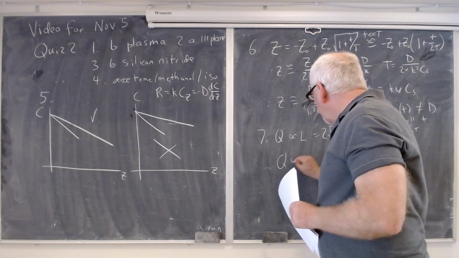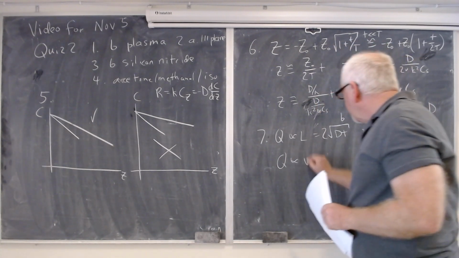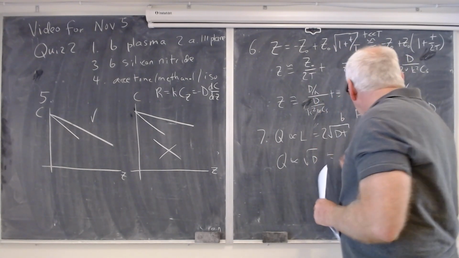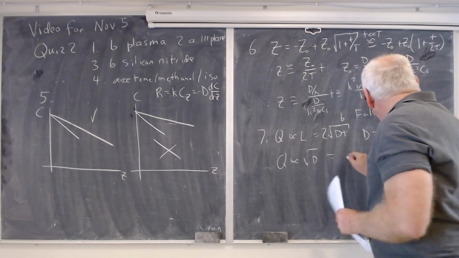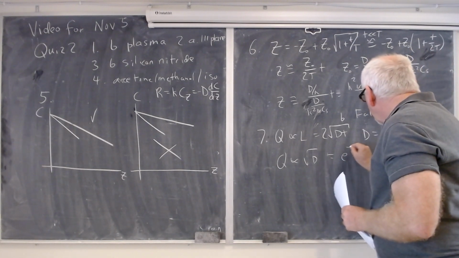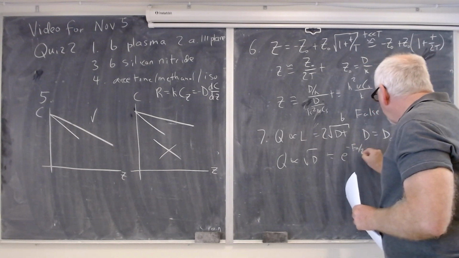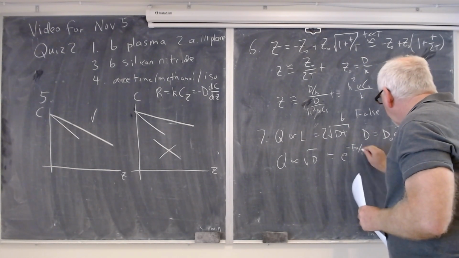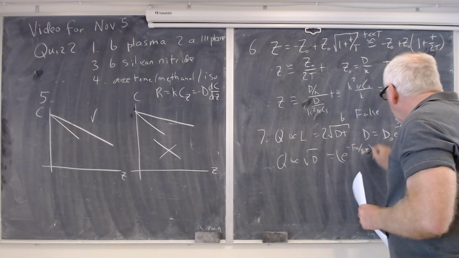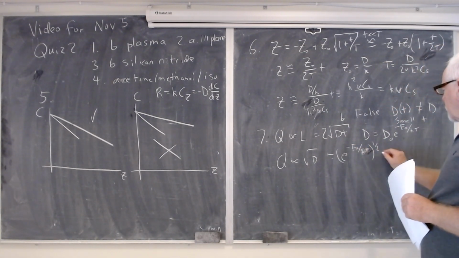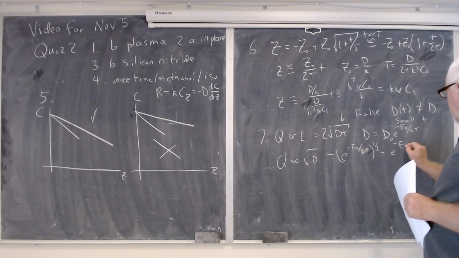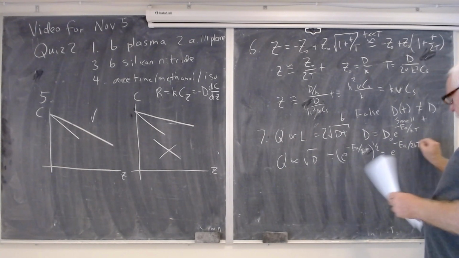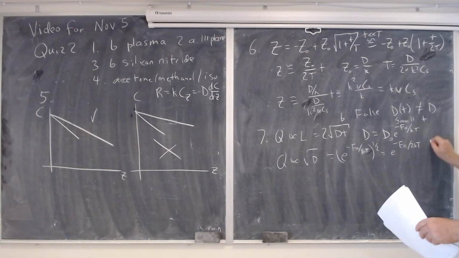So Q then is proportional to the square root of D, or e to the negative Ea over kT to the 1/2, or e to the minus Ea over 2kT, and the answer was B.